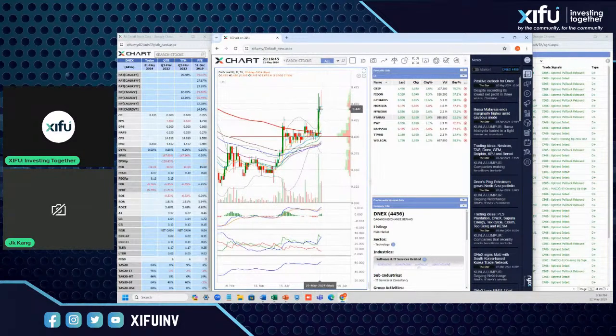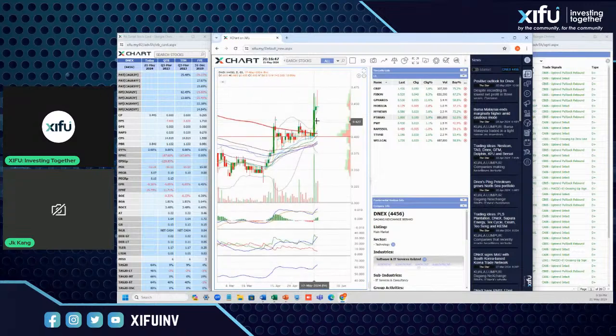Whoever wanted to come in now, take this bar halfway through as your stop loss point, 42. Okay, so that will be the immediate stop loss point. So if you know your stop loss point, by any chance, you can always take your position. Don't worry. Okay, because that will be your planned loss.